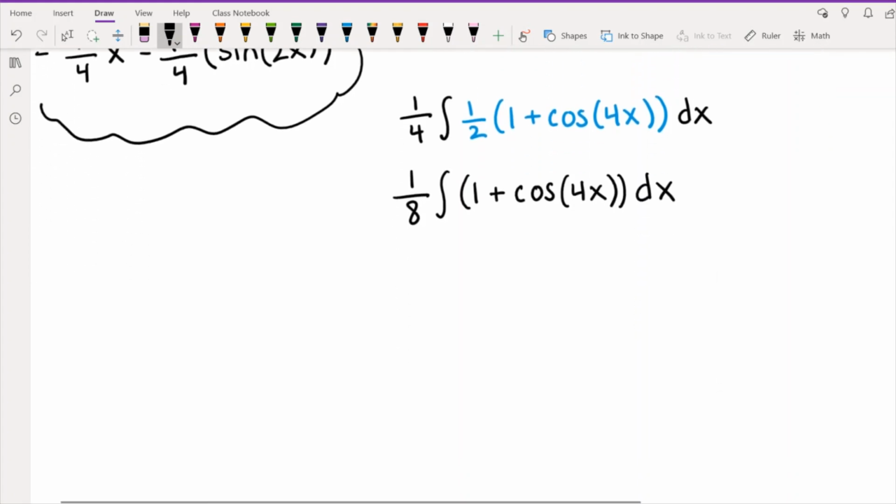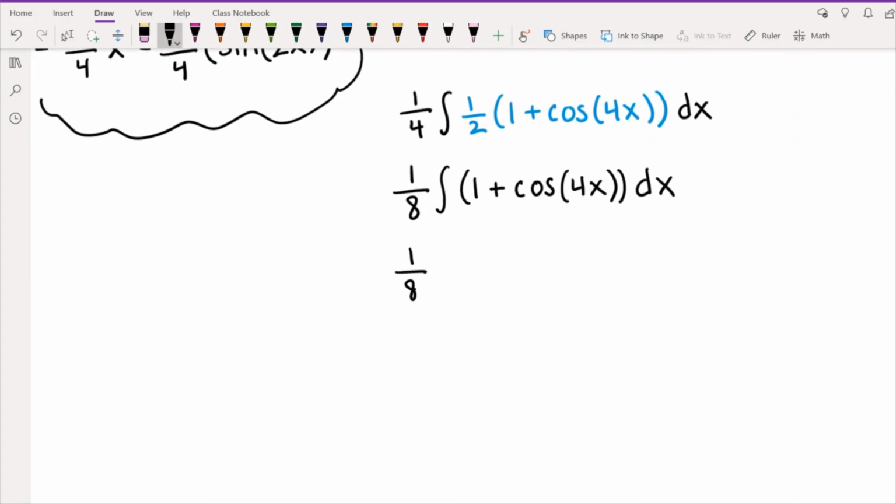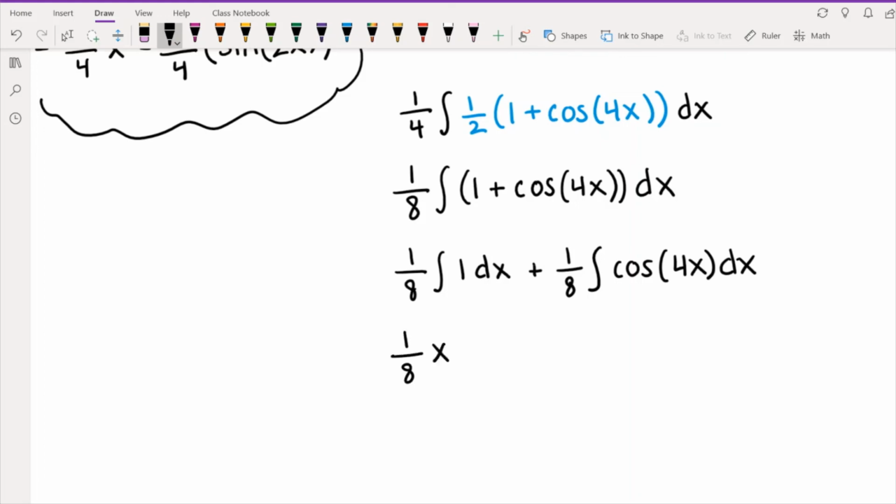And now we can split this up again. So now we have 1/8 times the integral of 1 dx plus 1/8 times the integral of cosine of 4x dx. So what's the antiderivative of 1? That's just x. So we have 1/8 x. And then here, using that same kind of reasoning from before, the antiderivative of cosine of 4x is going to be sine of 4x over 4, right?